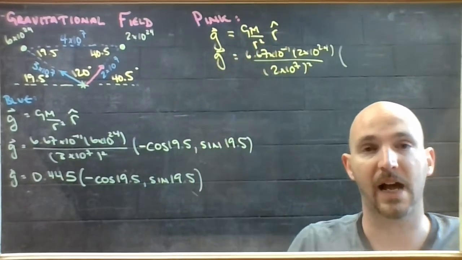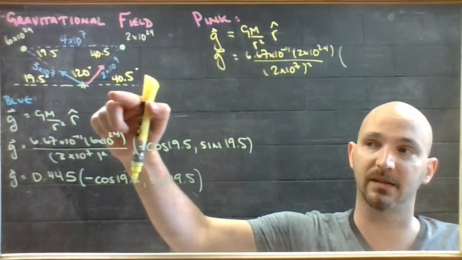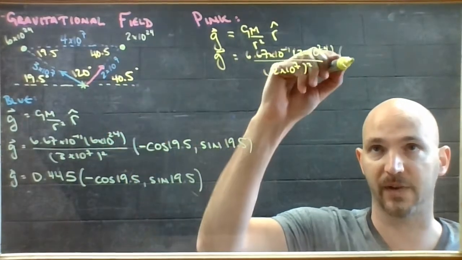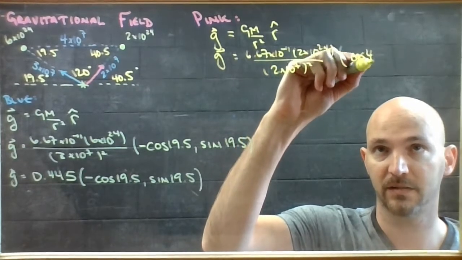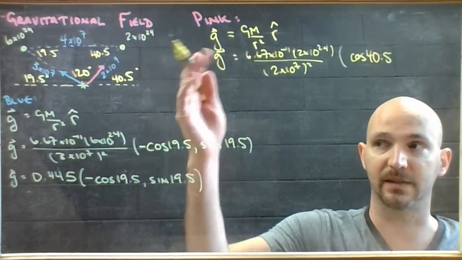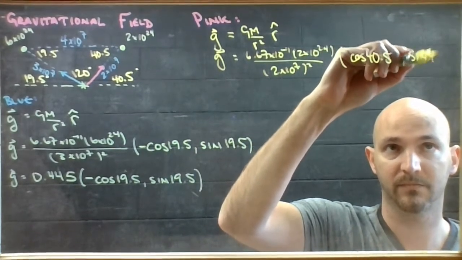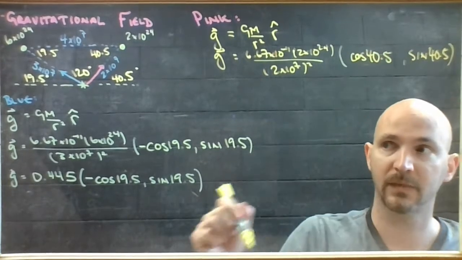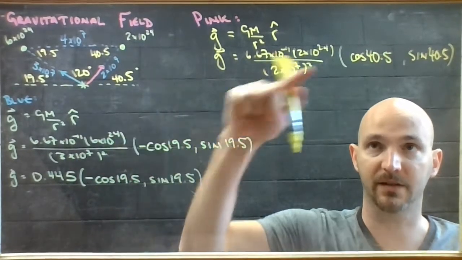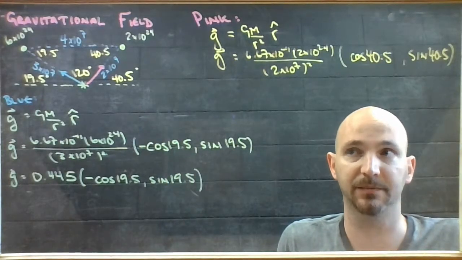And my r hat, the vector that's going to give me the direction, the horizontal is adjacent to the 40.5, so that's cosine. And the vertical is opposite, so that's sine. It's headed to the right, so that should be positive. It's headed up, so that should be positive, so I'm going to leave it like that.